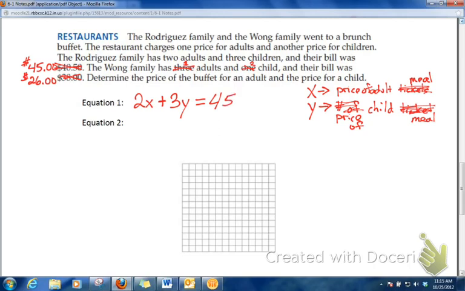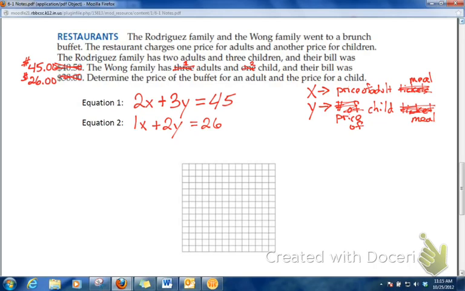So 2 times the cost of an adult meal plus 3 times the cost of a child's meal. You add those together and their total bill was $45. Now the Wong family, we had them with 1 adult, so 1x, plus 2 children, so 2y, equals, and their total bill was $26.